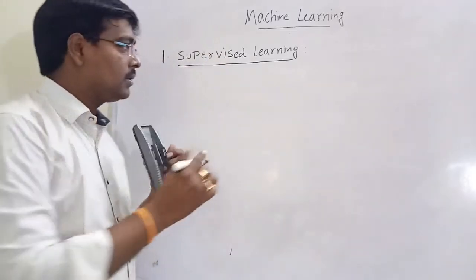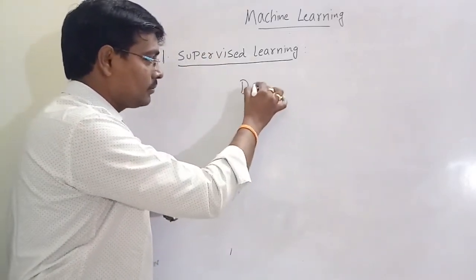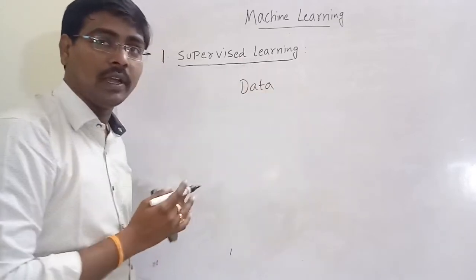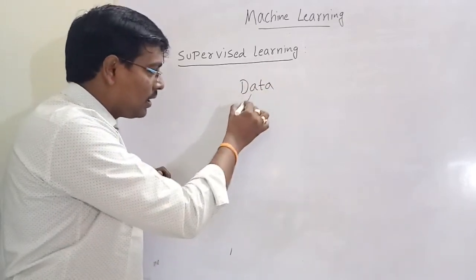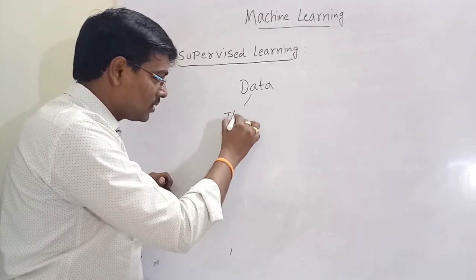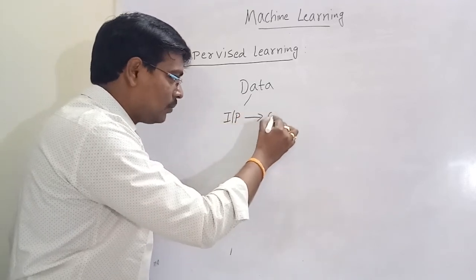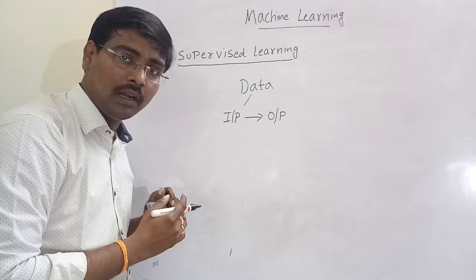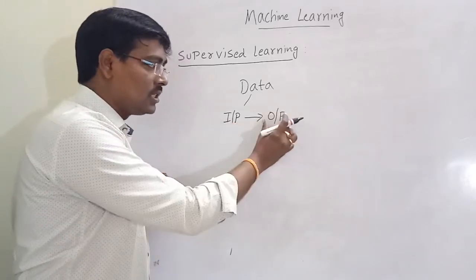In simple terms, I have a set of data. This set of data contains some inputs, and for each input there is an output. I already know that for this input, this is the output.